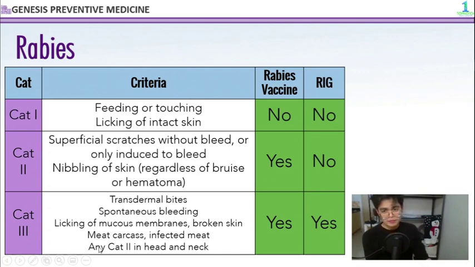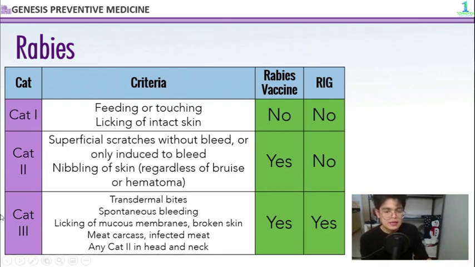And again, lastly here, any category 2 type exposure in the head and neck automatically qualifies as category 3. Remember our rationale earlier wherein bites nearer to the central axis, the central nervous system of the body, will allow shorter travel of the rabies virus to the brain, the spinal cord.